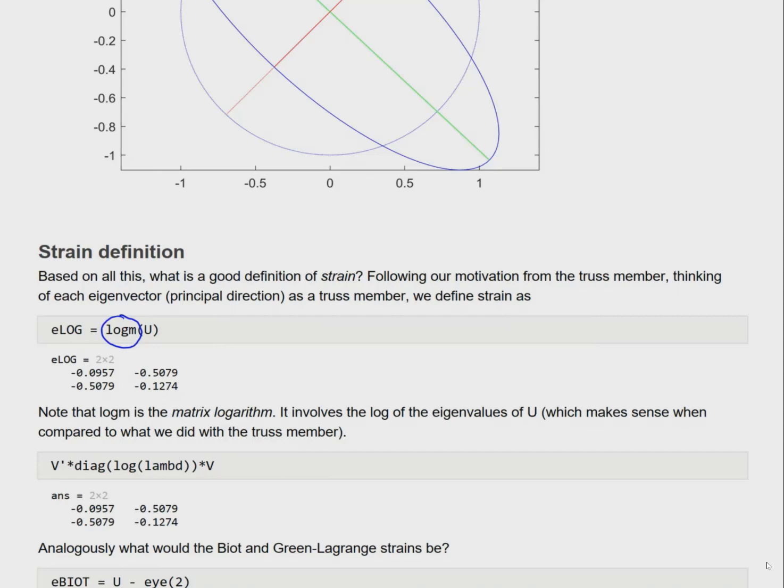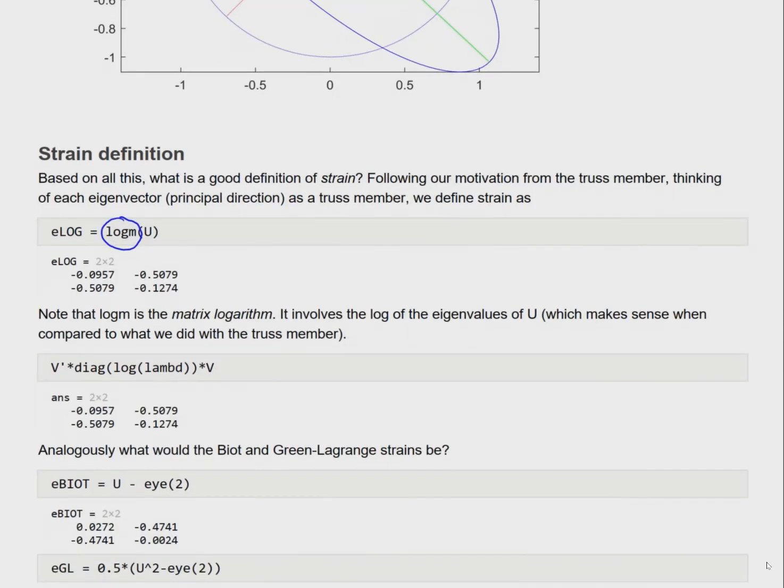This actually involves the eigenvalues of the matrix U. You see that the matrix logarithm can also be calculated using the log function and the eigenvalues like this. And this all makes sense because each eigenvector is like a truss member.